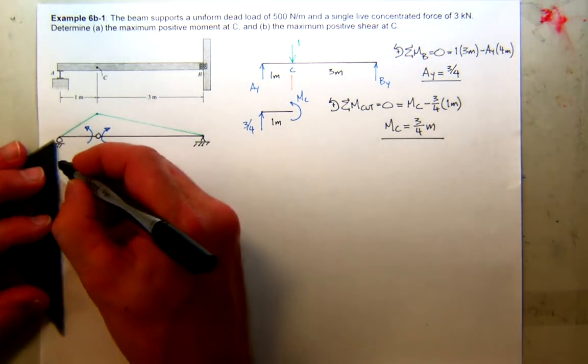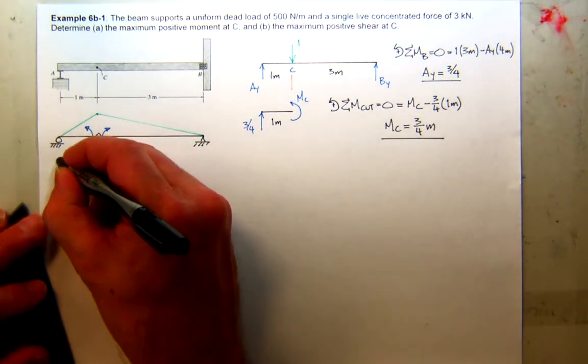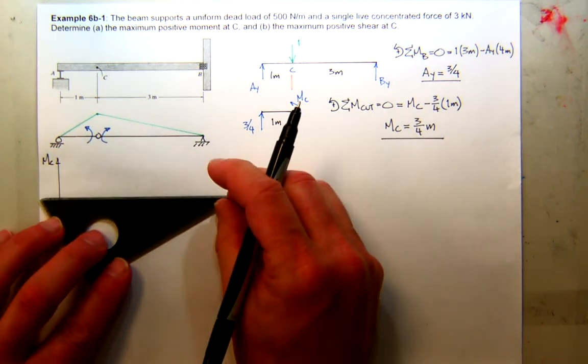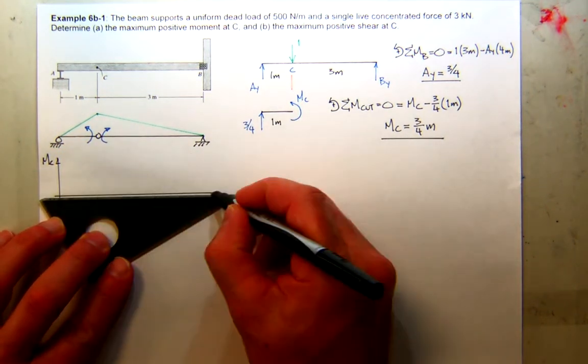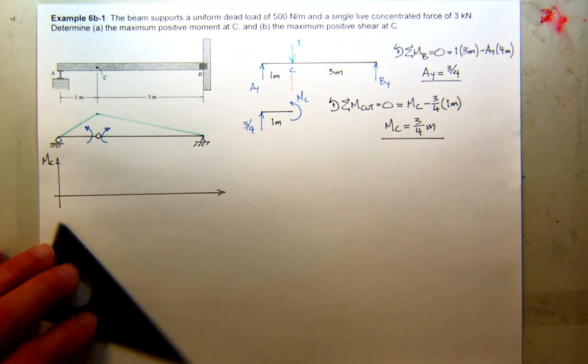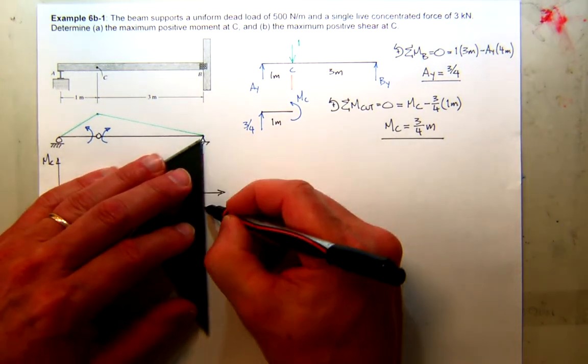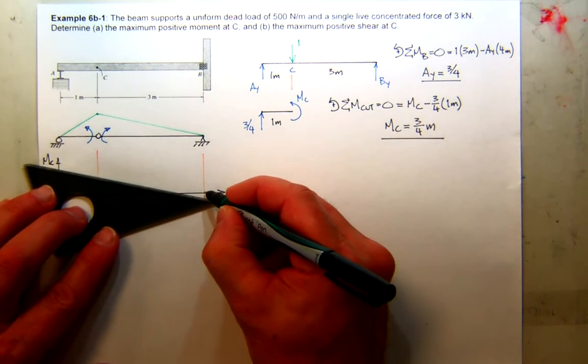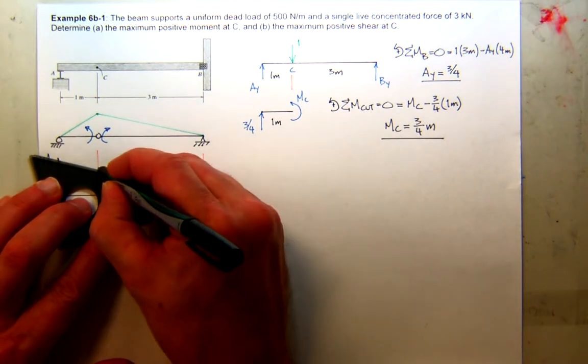So now I can come back and draw my moment at C diagram. We already know the shape. It's going to look like this triangle.